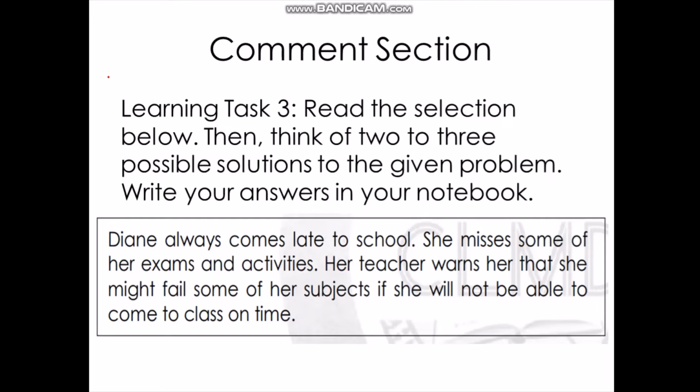Her teacher warns her that she might fail some of her subjects if she will not be able to come to class on time. Give 2 to 3 solutions in the comment section below so that you can help Diane, so that she will not fail her subjects.